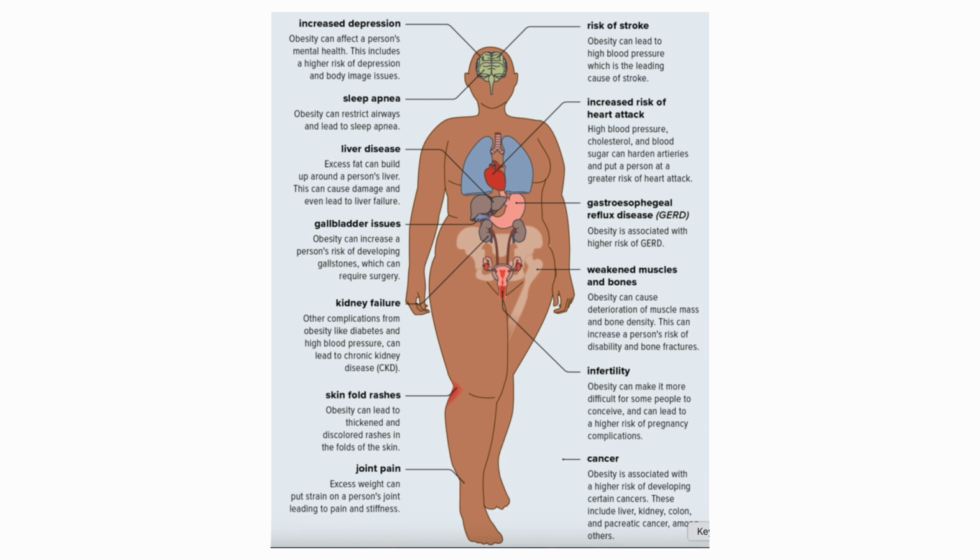Then you have the liver disease, which we talked about. Excess fat around the liver causes the damage. And then gallstones: obesity makes people develop gallstones because of the alteration in the absorption of bile, or the ability of bile to remain soluble.